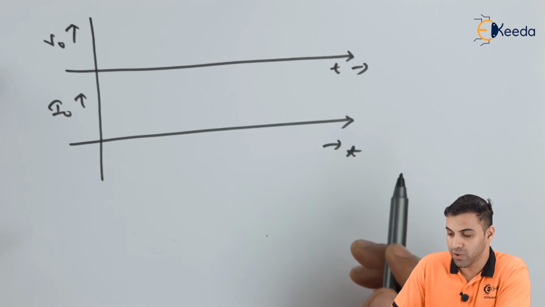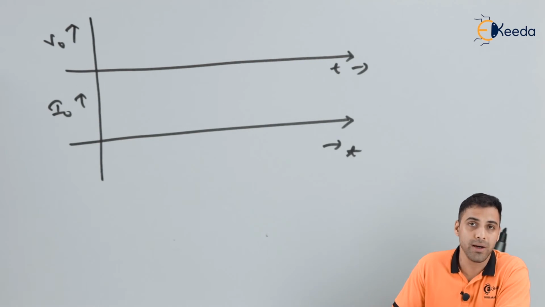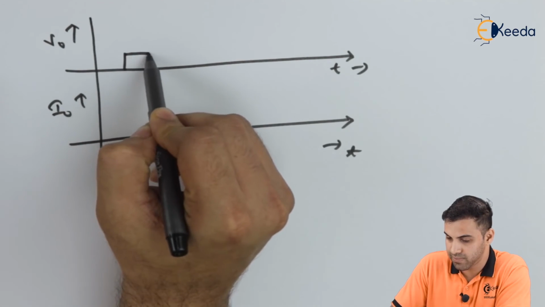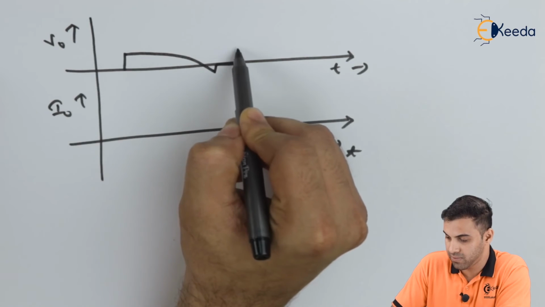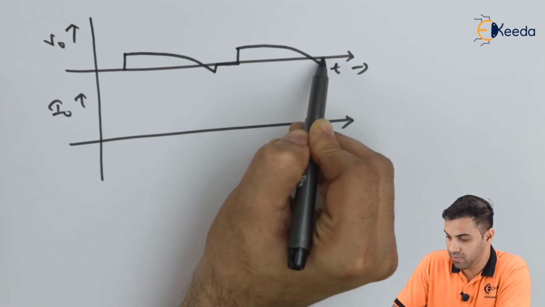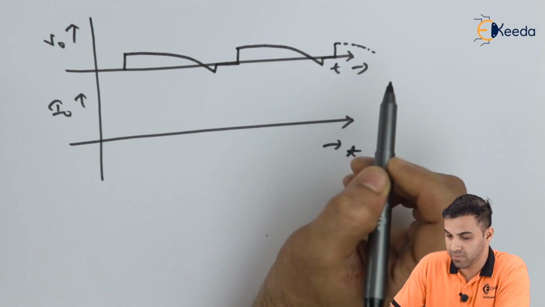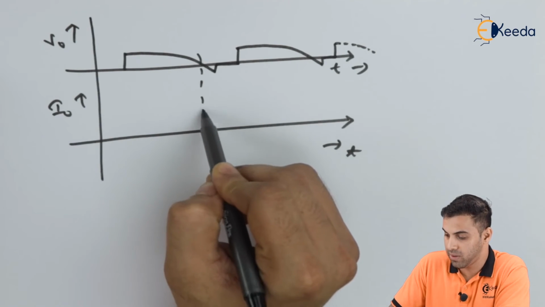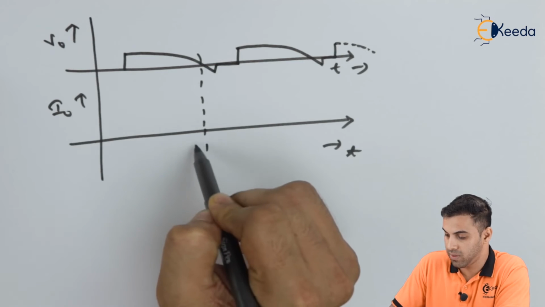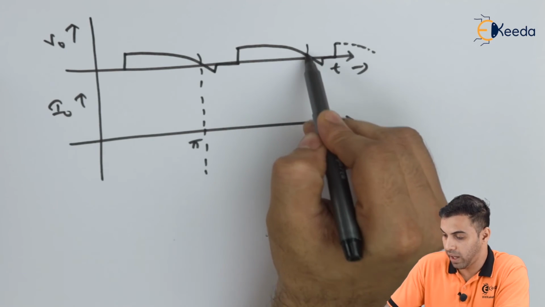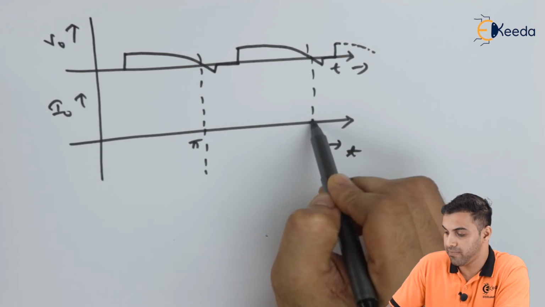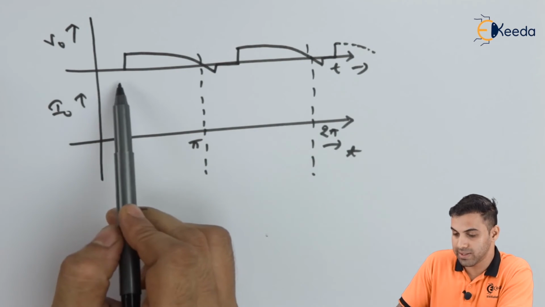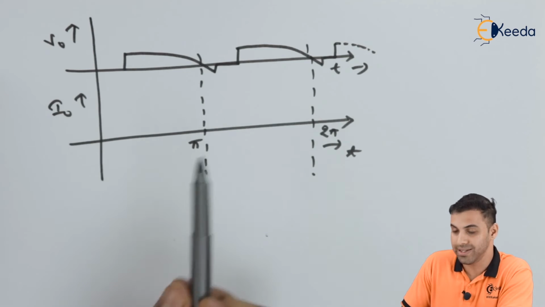Now as we all know, which we already drew earlier, the output voltage waveform looks like this. So let's say this value be pi and this value be 2 pi, and this is alpha and that is beta.